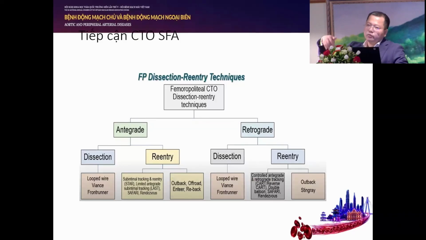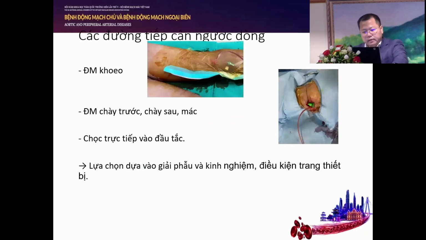The first time you must try to go antegrade, but when you cannot cross the lesion, we must change to another method: retrograde combined, and use CART or reverse CART. When the two wires meet each other, you can use a CART technique or reverse CART technique.